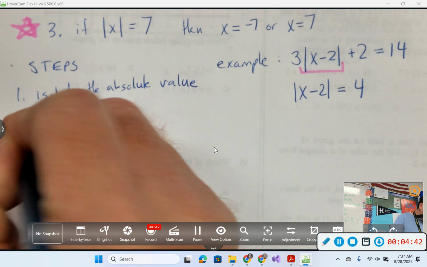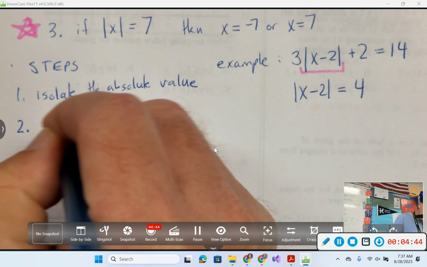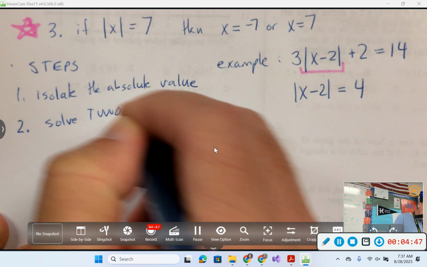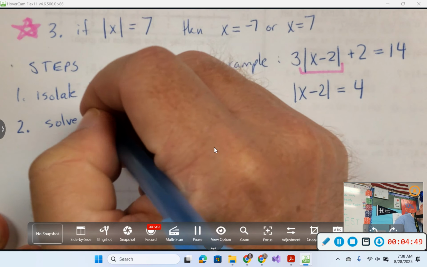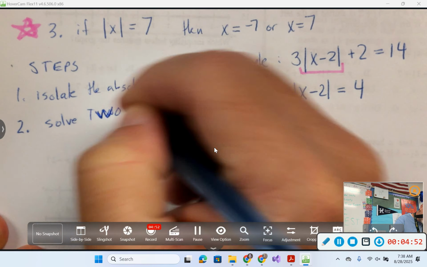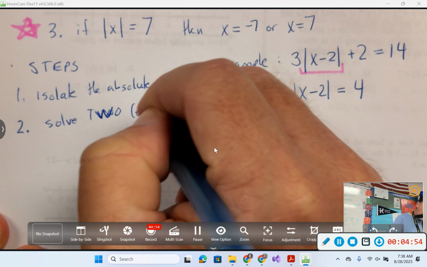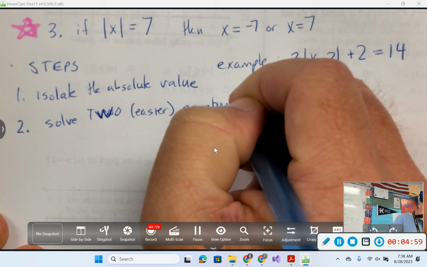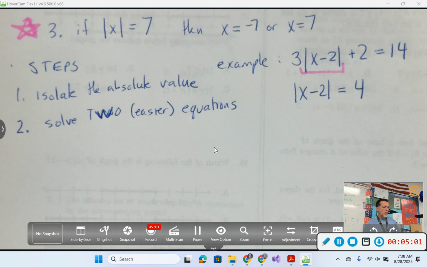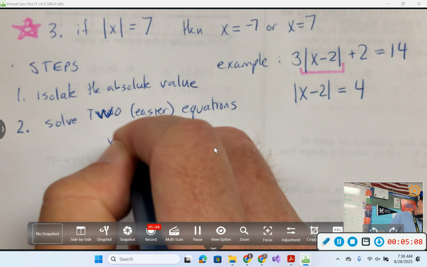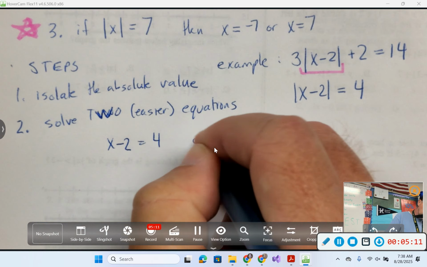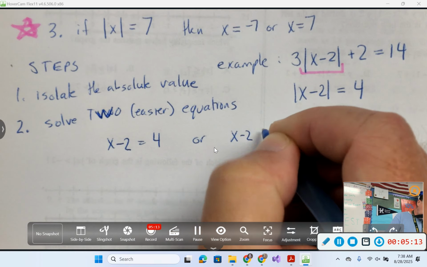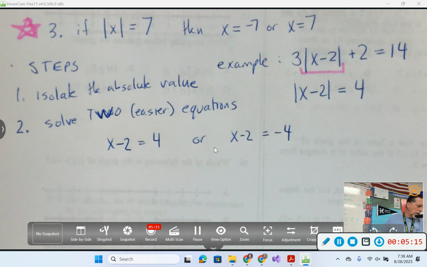So what we're going to do now is solve 2 easier equations, because what's inside is always equal to the positive or the negative from the other side. x minus 2 equals 4, or x minus 2 equals negative 4.